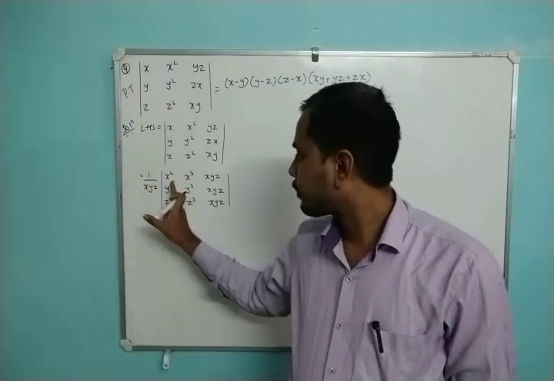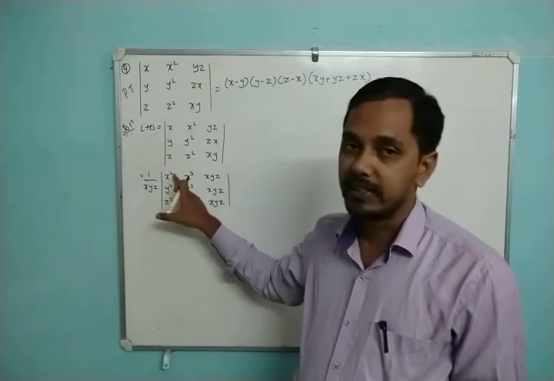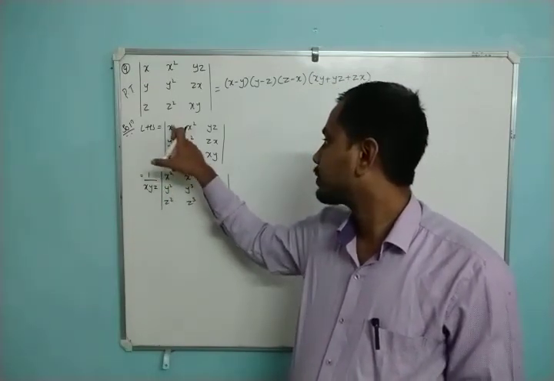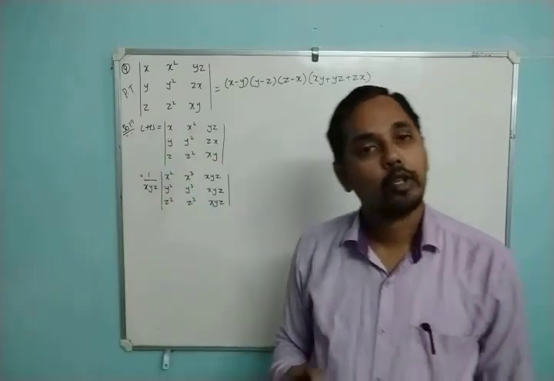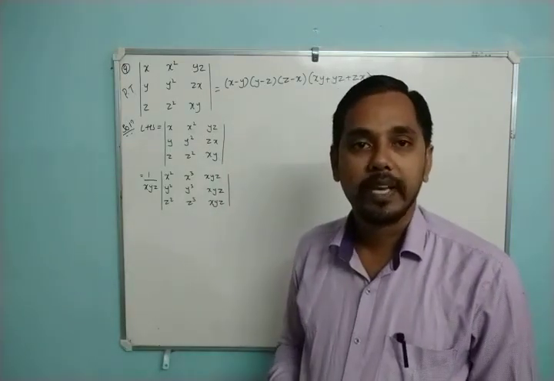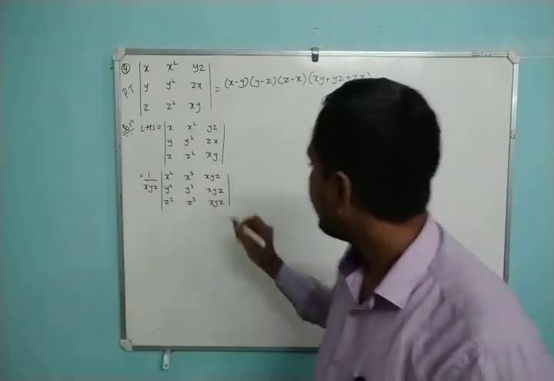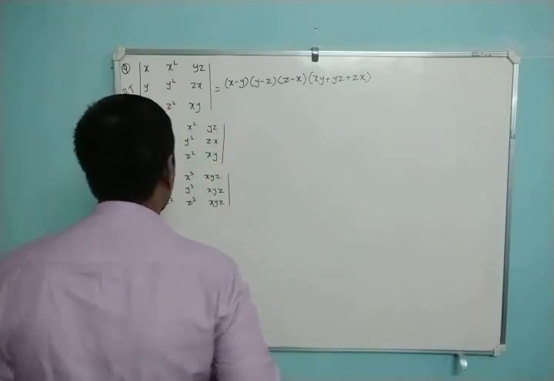Whatever was divided, I have taken out. Whatever was multiplied, I have kept inside. So x was multiplied with x, it becomes x square. X square was multiplied by x, so it became x cube. Similarly, yz was multiplied by x, so it became xyz. Similarly, that was the case for the second row and third row also.